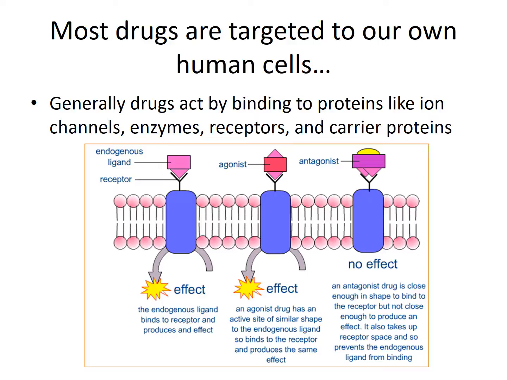So an endogenous normal ligand, like a regular neurotransmitter, binds to a receptor and produces an effect.